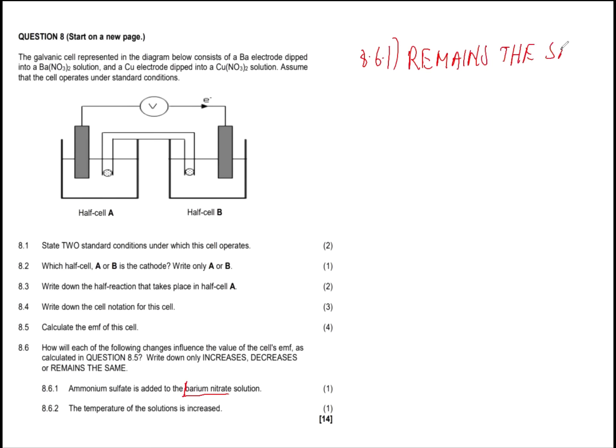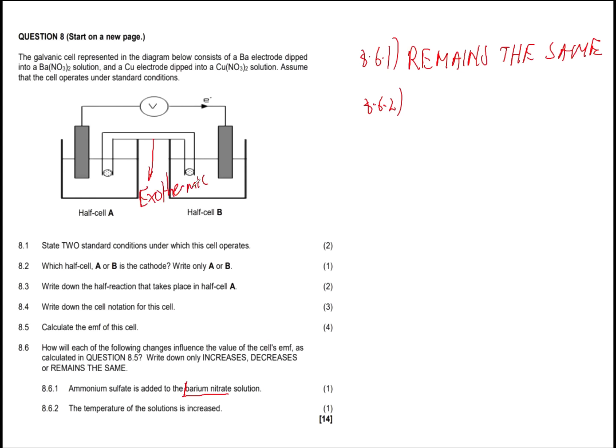So that means here, this remains the same. And then in 8.6.2, they say the temperature of the solution is increased. Now, this has to do with you understanding the nature of the cell that we have here, right? All galvanic cells, we normally say that what? They're exothermic reactions, right?